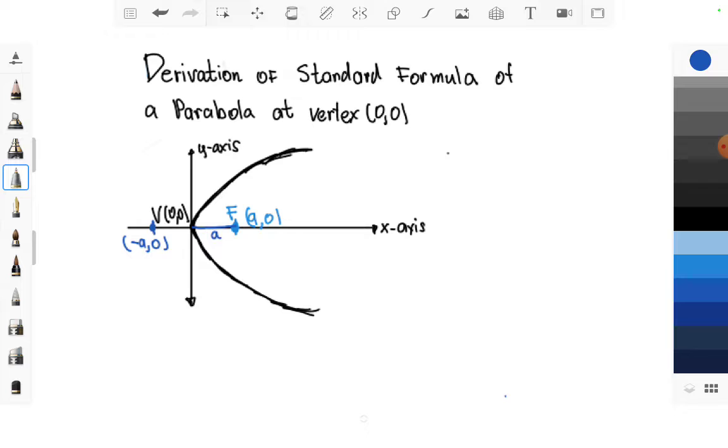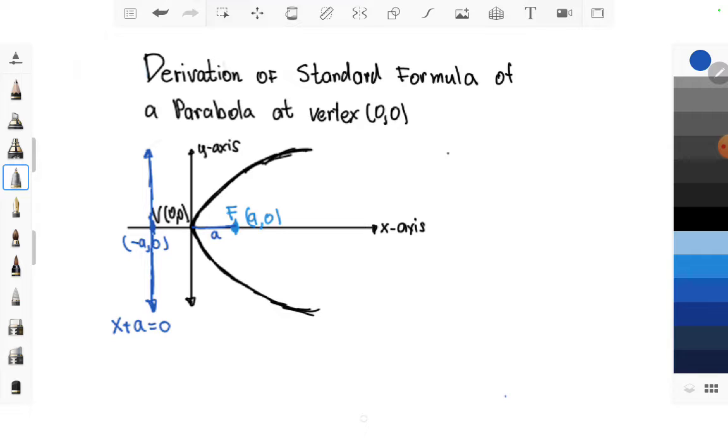So take note that the directrix is a line perpendicular to this axis, so we will call this my directrix. And this goes with the equation x plus a is equal to 0.